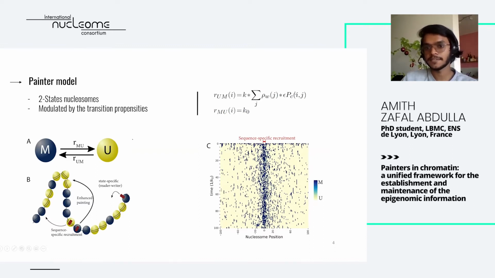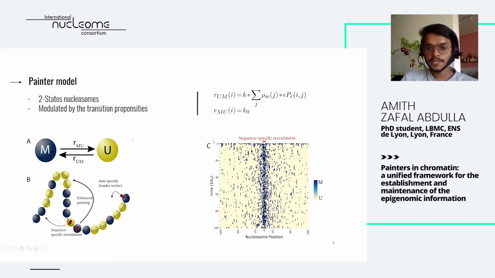That takes care of the chromatin looping or propagation in long range. Since we would like to keep it simple and we are specifically focusing on the spread of modified state M, we keep the reverse process, the process that takes modified state to unmodified, simple, and we lump all the processes like enzymatic removal of the marks, replication, and nucleosome turnover into a constant term K0.